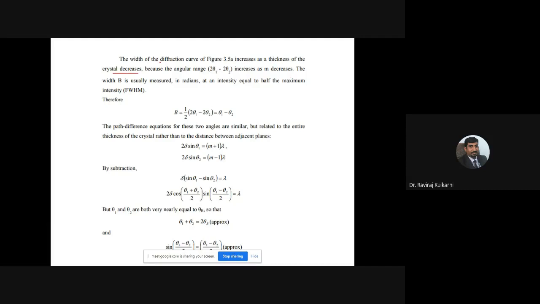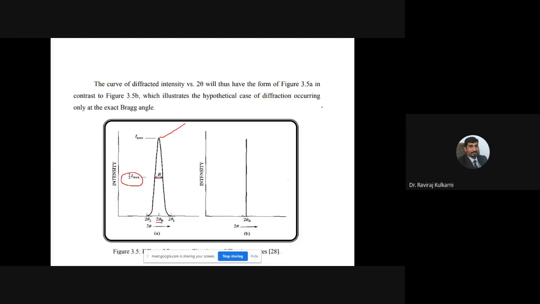The diffraction curve broadens as crystal size decreases. For example, take a crystal of 20 nanometers, and I have another crystal of 40 nanometers. For 20 nanometers, I'll get a broader peak.